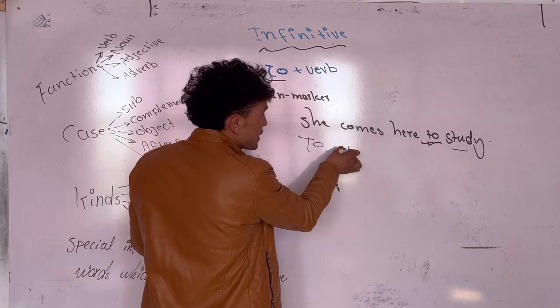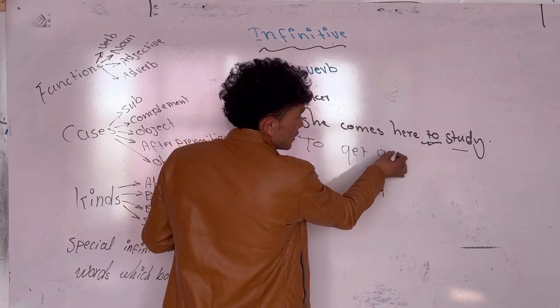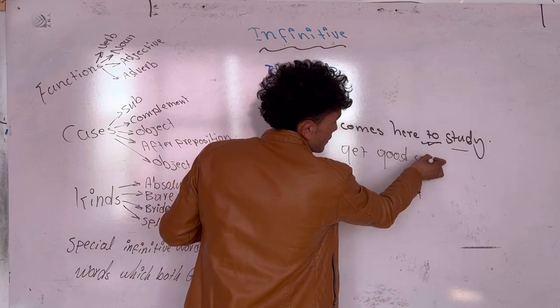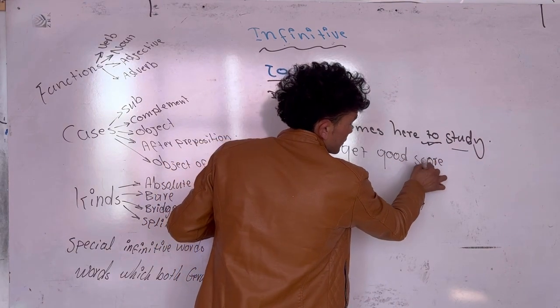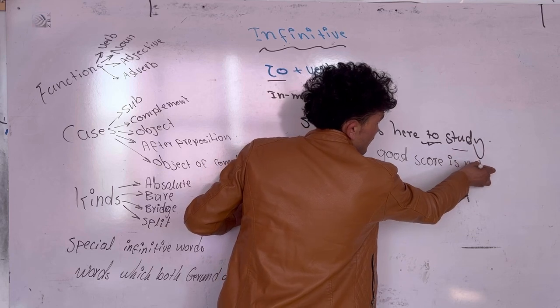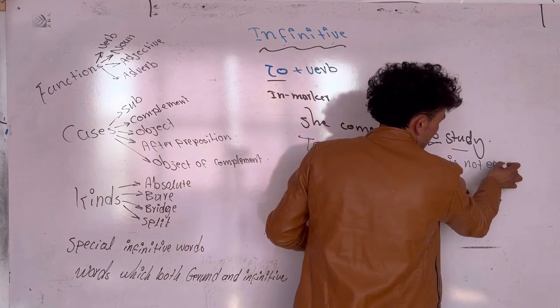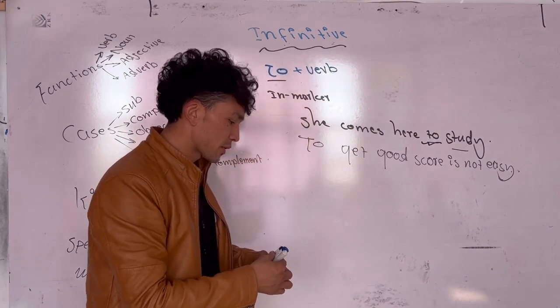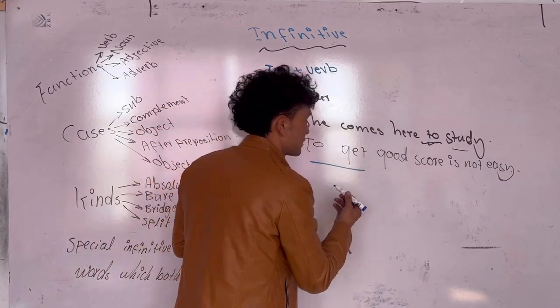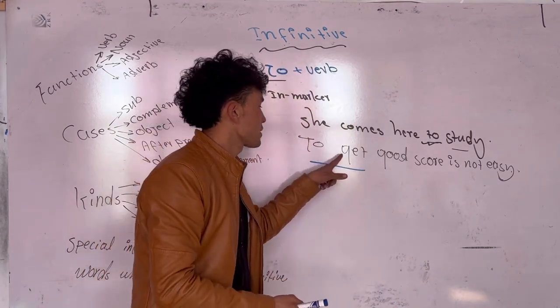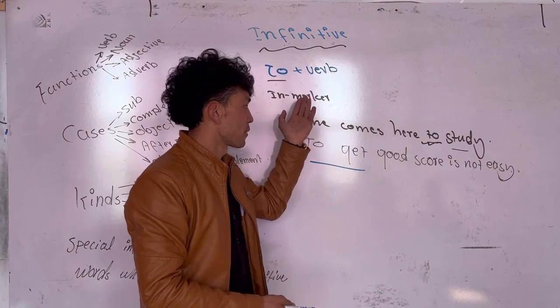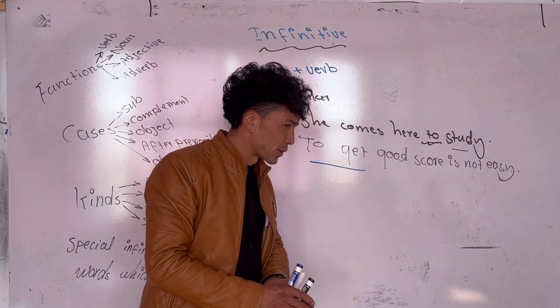"To get a good score is not easy." See, to get. What is "to get"? "To," plus the base form of the verb get. Did you understand?